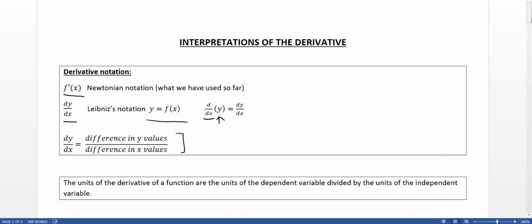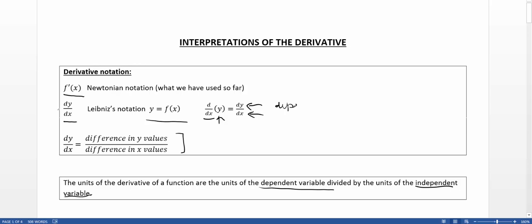So ultimately, when we talk about the units of the derivative function, it's going to be the units of the dependent variable divided by the units of the independent variable. And that matches up with Leibniz notation.